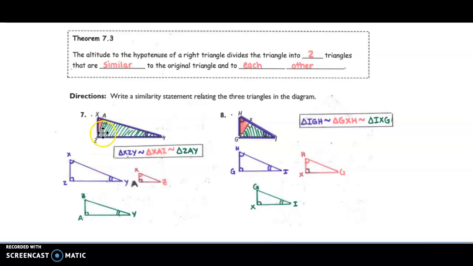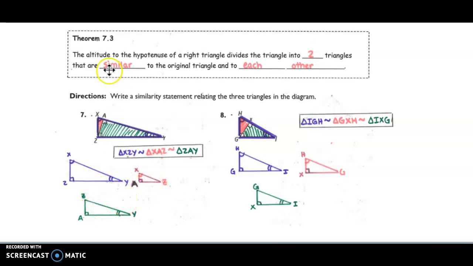Here the overall angle Z is the 90 degrees, and here's the large overall triangle, XZY. We drew it so that the 90 is here, single tick mark up here, and the double arcs over here. And for the two other triangles, triangle XAZ and triangle ZAY, we flipped them around and turned them around so that they're in the same orientation.